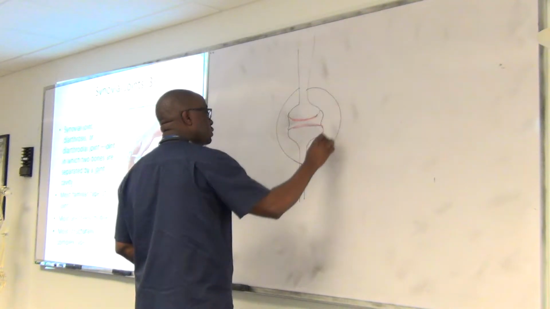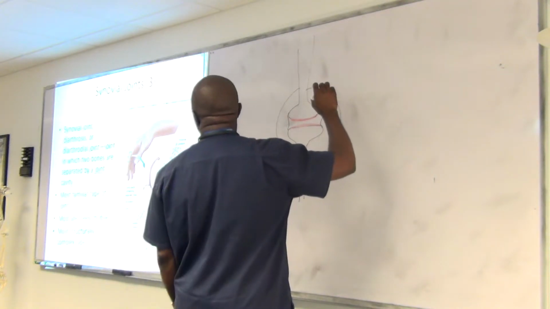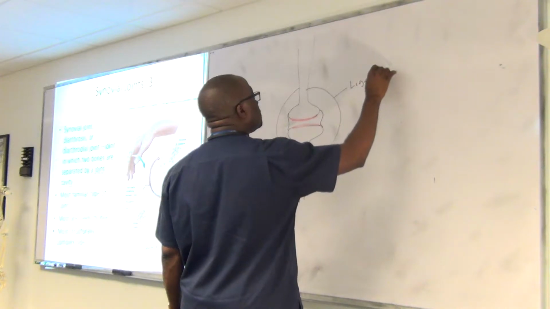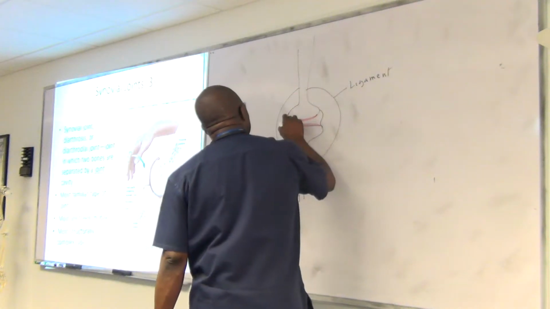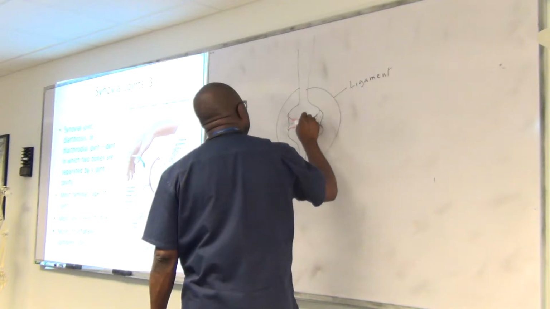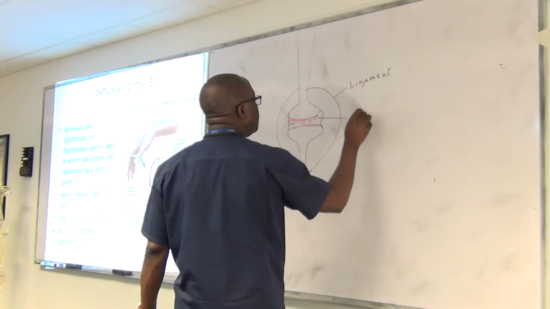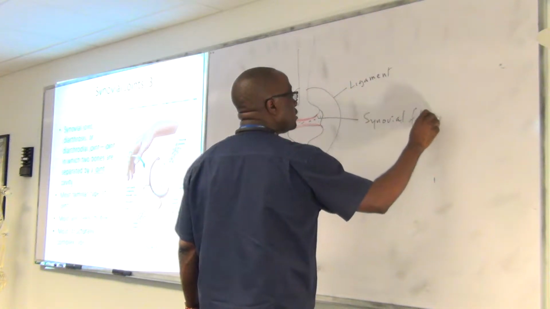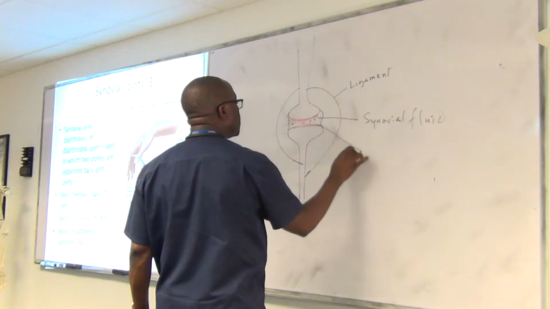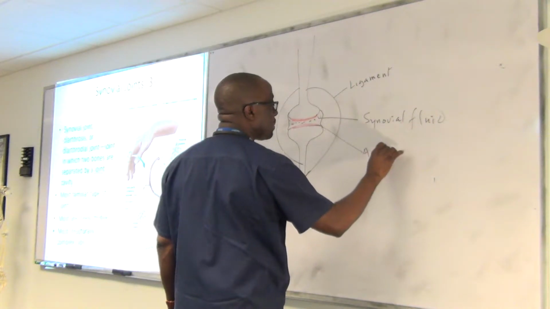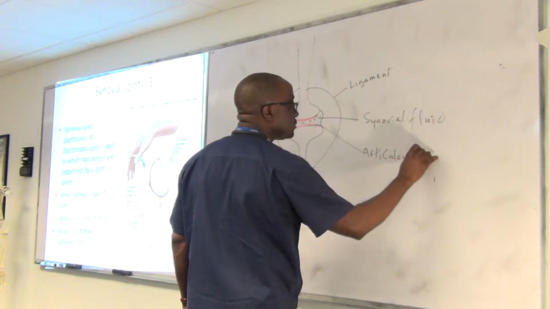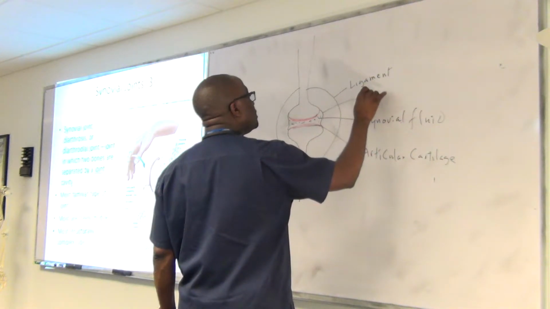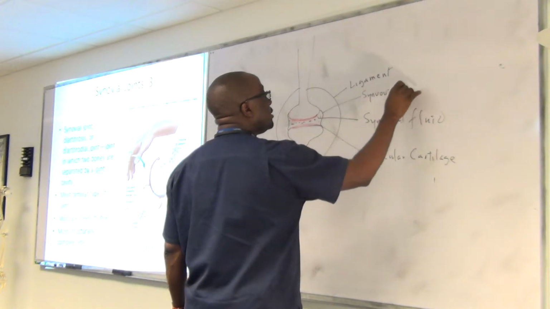Bone to bone is what? Ligaments. Here we have the fluid, so we call this synovial fluid. We'll call this articular cartilage. And this is the synovial membrane.